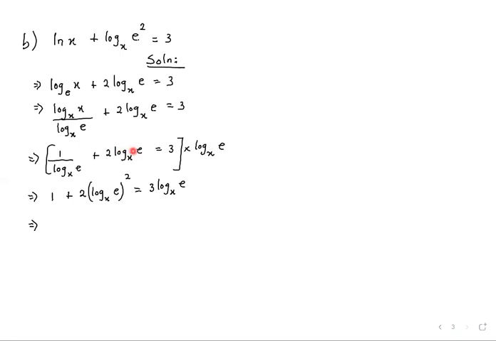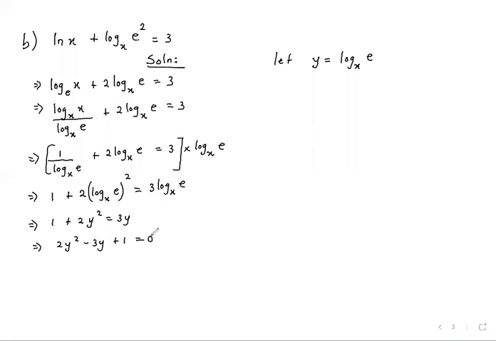Then log multiplied by log will have log squared, and 3 multiplied by log will have 3 log. At this point, we let y be log_x e. Then we substitute, so we have 1 plus 2y squared is equal to 3y.